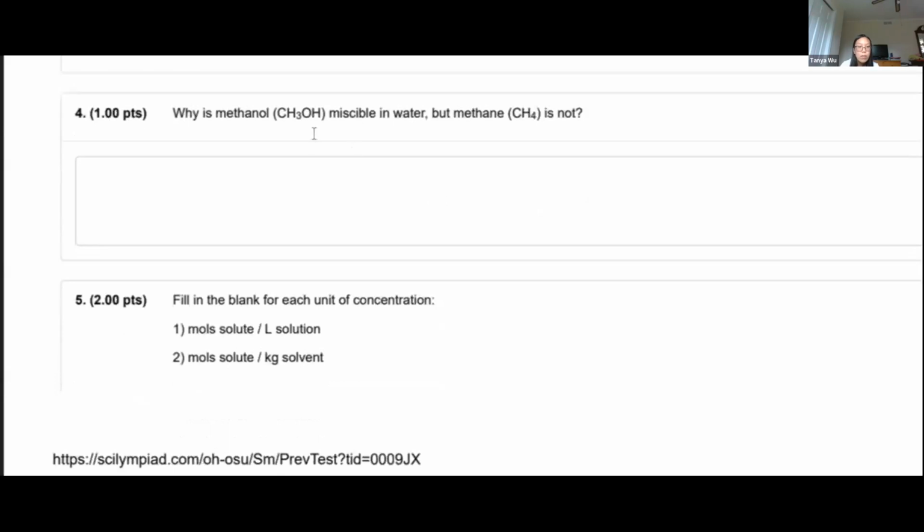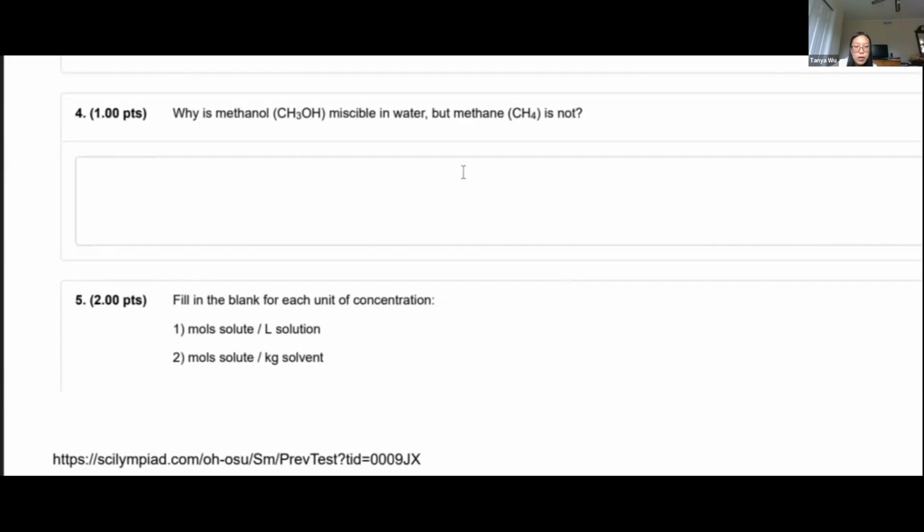Okay, why is methanol miscible but methane not? These are pretty hard questions, so it's okay. Okay, yeah.